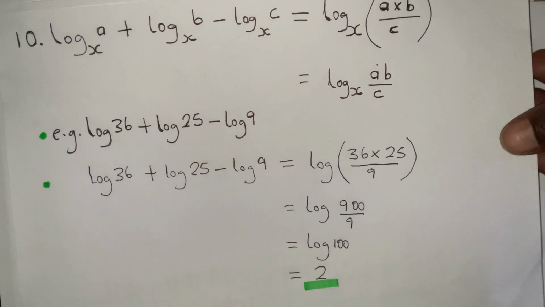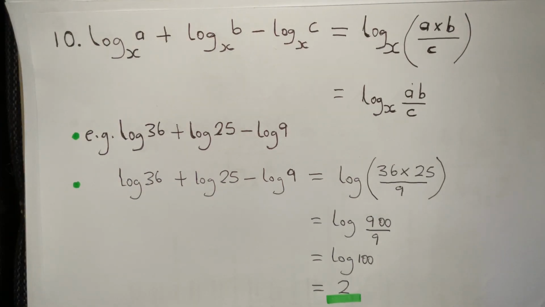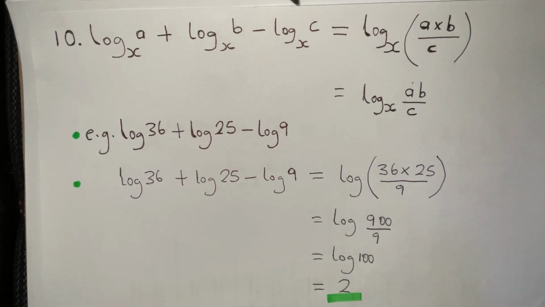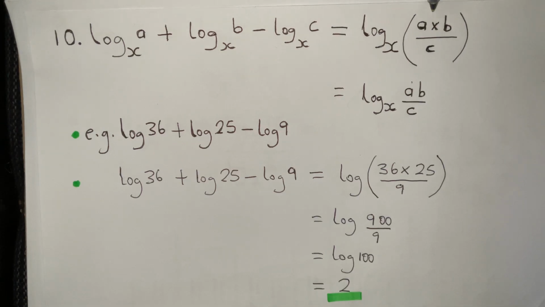Right, let's move on to law number 10, which is combining the first law and the second law in this video. So log of a to base x plus log of b to base x minus log of c to base x equals to, these two are combined in multiplication here.